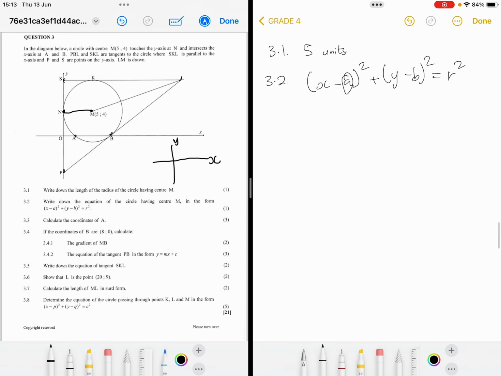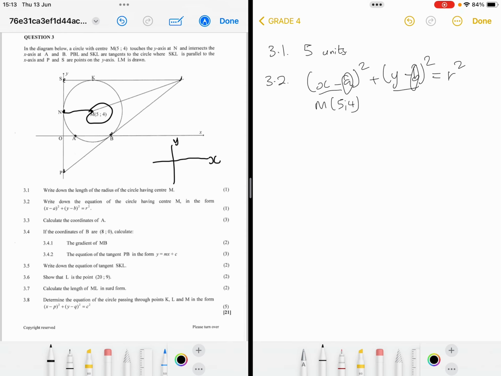This a and b are the point at the center of the circle. The a is the x coordinate of the center, the b is the y coordinate of the center. So here we have the center coordinate M, which is (5, 4).